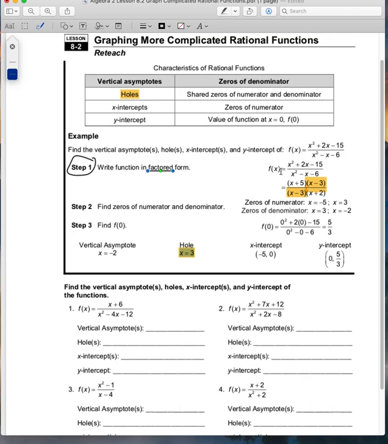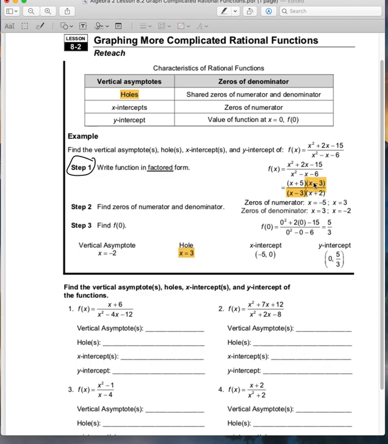So they factored x squared plus 2x minus 15 into x plus 5 and x minus 3. They factored x squared minus x minus 6 into x minus 3 times x plus 2. So that's your first characteristic.